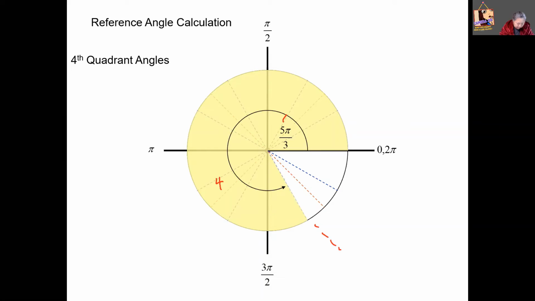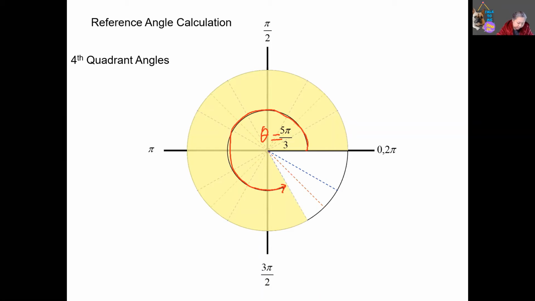Erase everything. So now we can notate the original angle all the way here. Let's measure theta, 5 pieces of pi over 3.